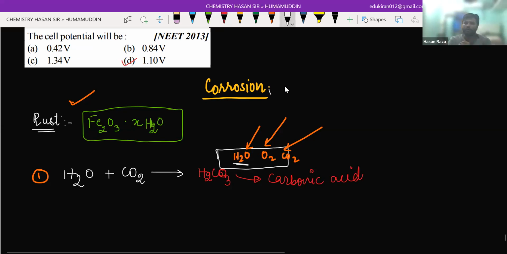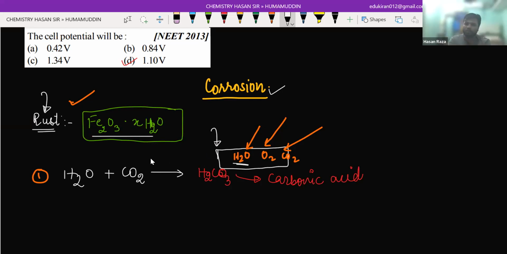So we are studying corrosion, the last topic of this chapter. Here in corrosion, rusting takes place, and for rust, this is the formula Fe2O3 dot XH2O. Now, how does this formation on the iron block take place? I took the example of an iron block which is directly in contact with H2O, O2, CO2 from the surrounding.